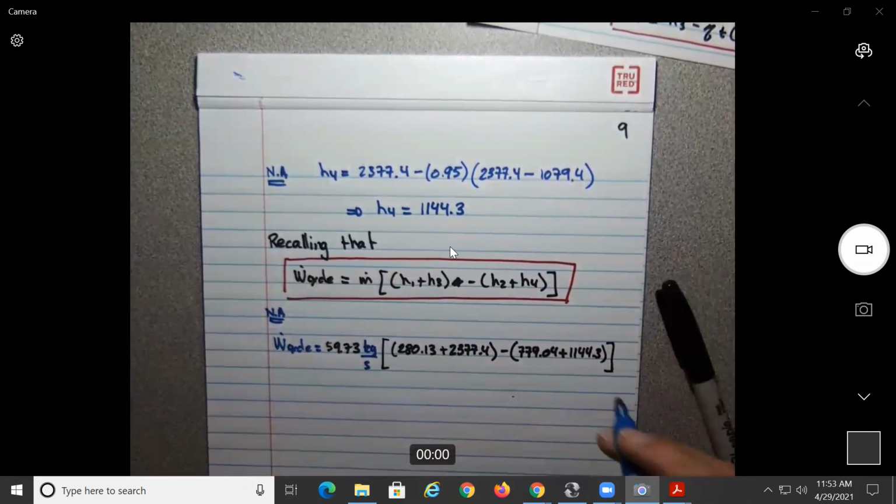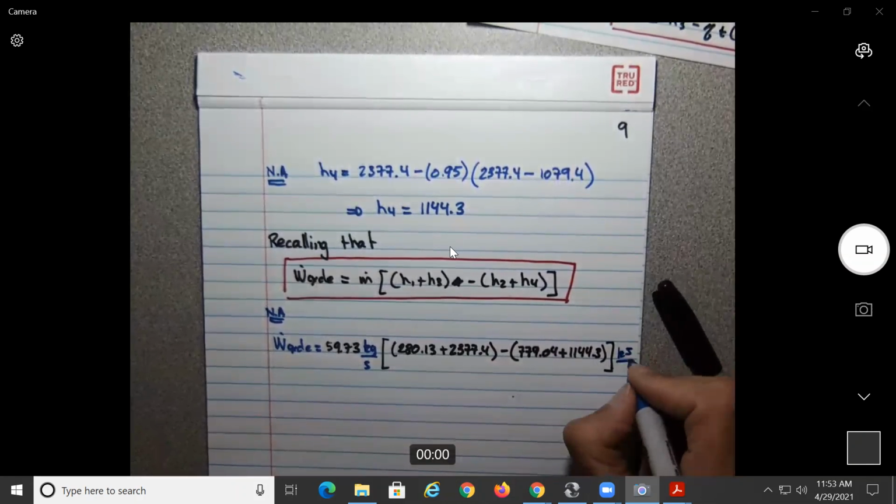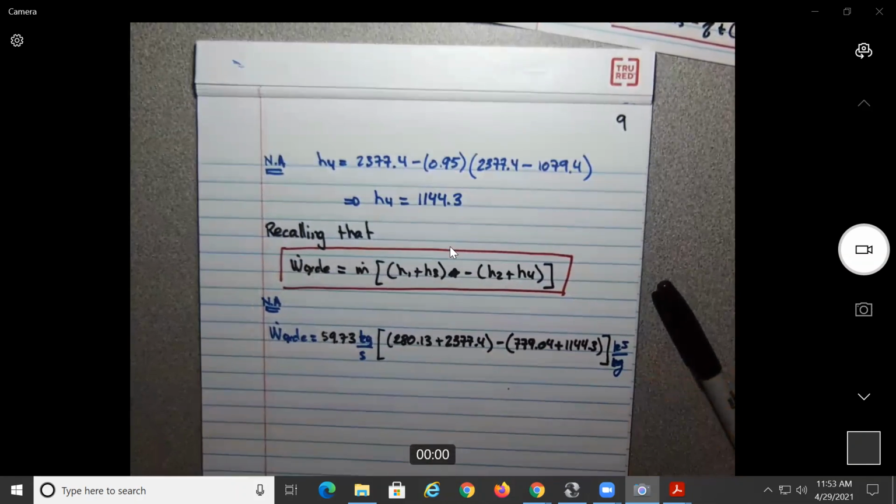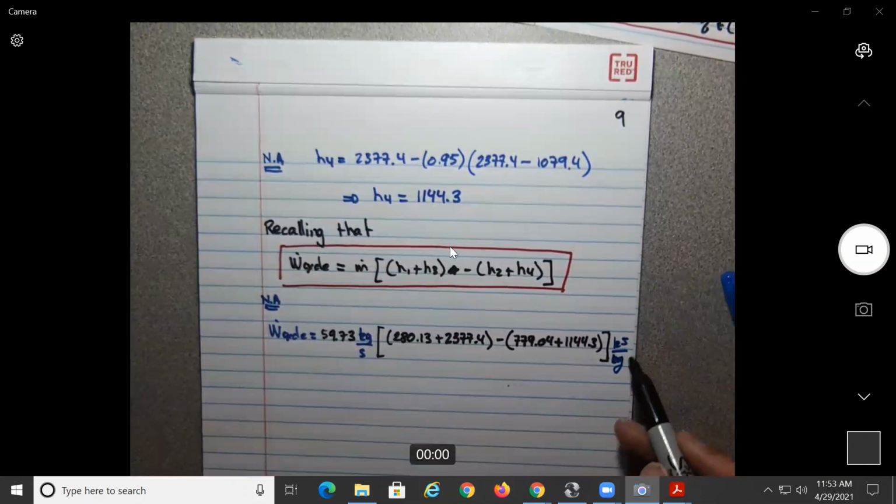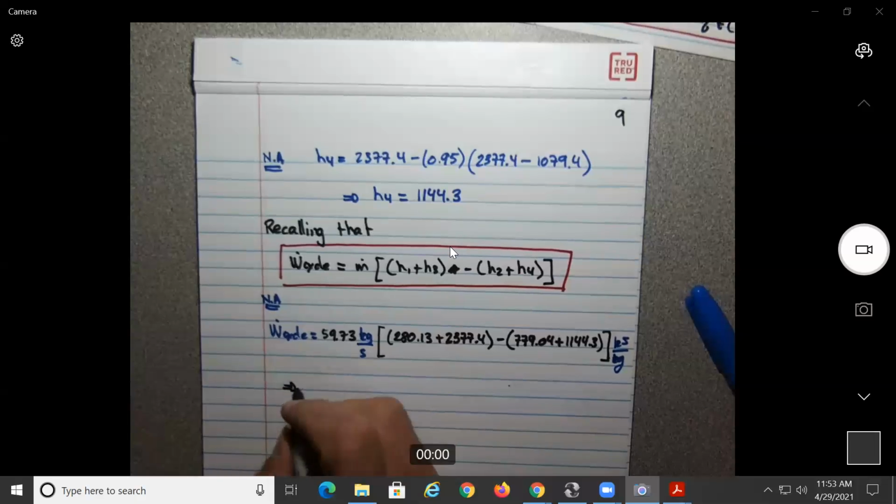And all these should be kilojoules per kilogram. So we see that the units are okay because we ended up with kilojoules per second, meaning that this should give us kilowatts.